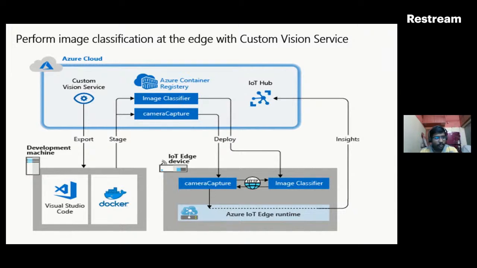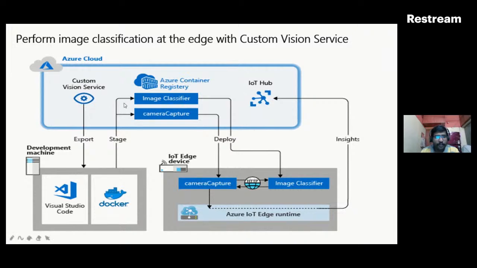Before that, you see this architecture. We are capturing the insights in IoT Hub, and we are sending the data to your Custom Vision service, and then we are exporting from the Custom Vision service to Visual Studio Code and Docker.